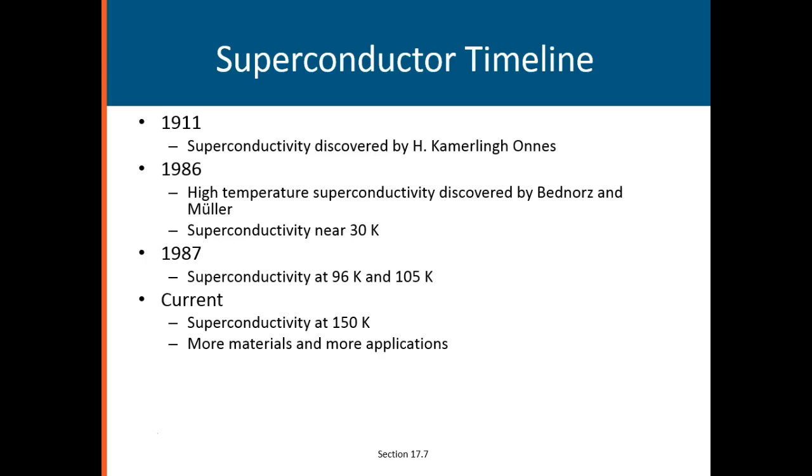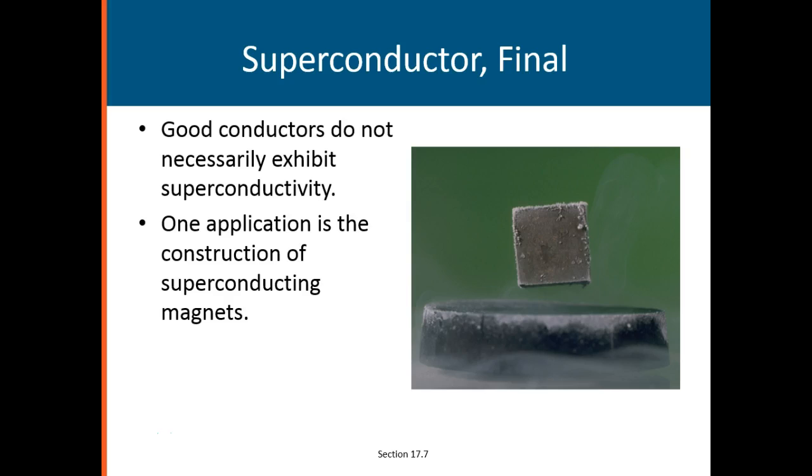Lead was up there, it makes a good superconductor. A lot of the others aren't even on the list. Okay, so it's really bizarre. No correlation between conductivity at normal temperatures and conductivity at very cold temperatures. Okay, so good conductors do not necessarily exhibit superconductivity.